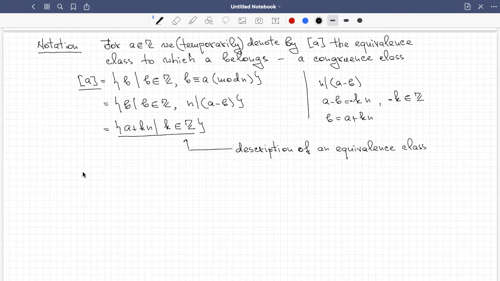So it contains every element of this form, and A is a representative, just to write down this word for you, of its equivalence class.